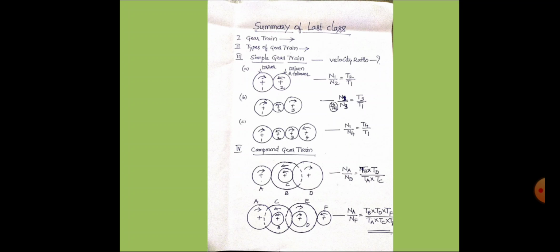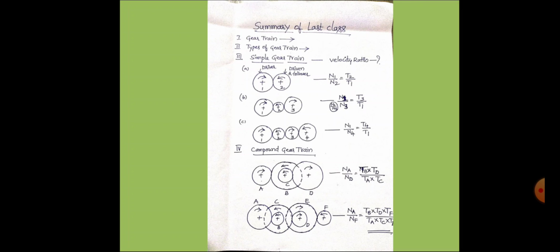Now, if I look at the slide which is right in front of you, I have drawn a simple sketch of a simple gear train where we have two gears which are represented by means of pitch circle diameters. There are no teeth, nothing.